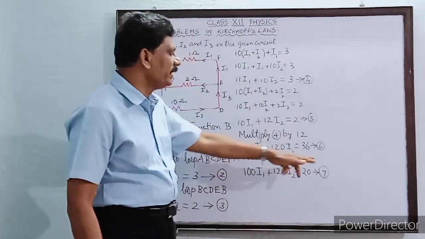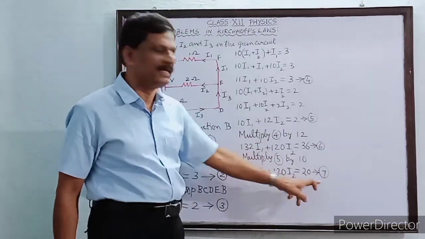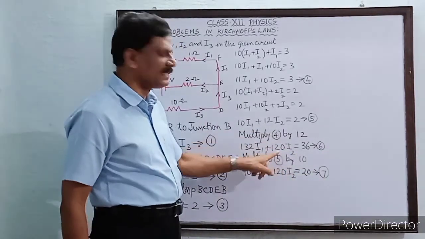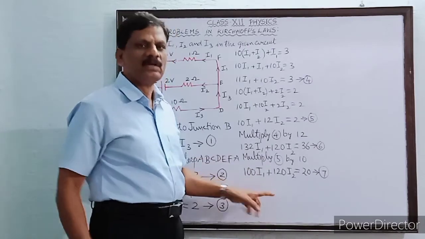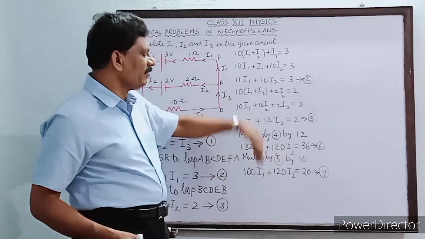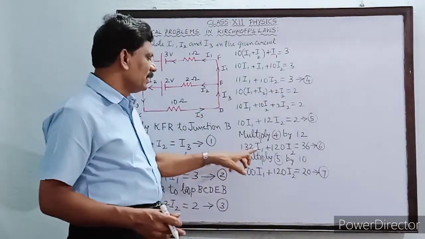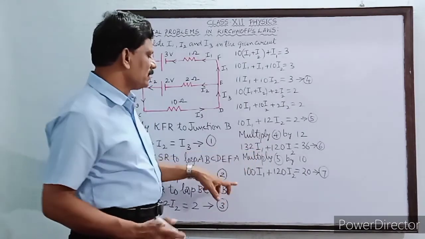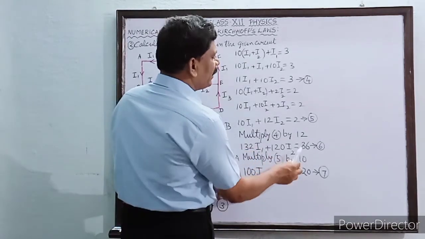Now lastly, the equations number 6 and 7, you see that the coefficient of I2 is the same, 120 I2. So if you subtract one equation from the other, we can get an expression for I1. So I am going to subtract the smaller number from the larger number.